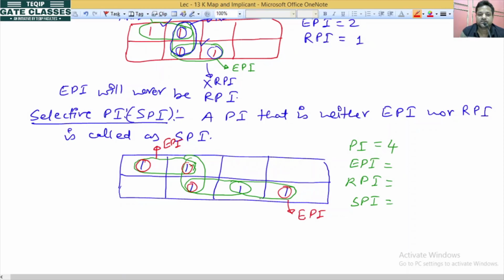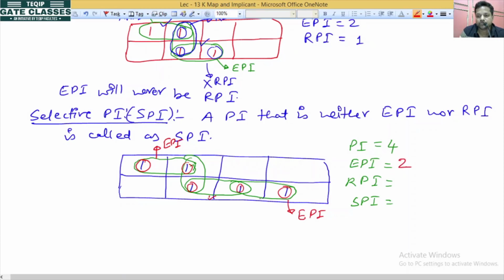So both the cells of this group are covered by some PI, that's why it is not EPI. Similarly, for this group, this one is covered by some PI, this one is also covered by some PI. So this is not our EPI.